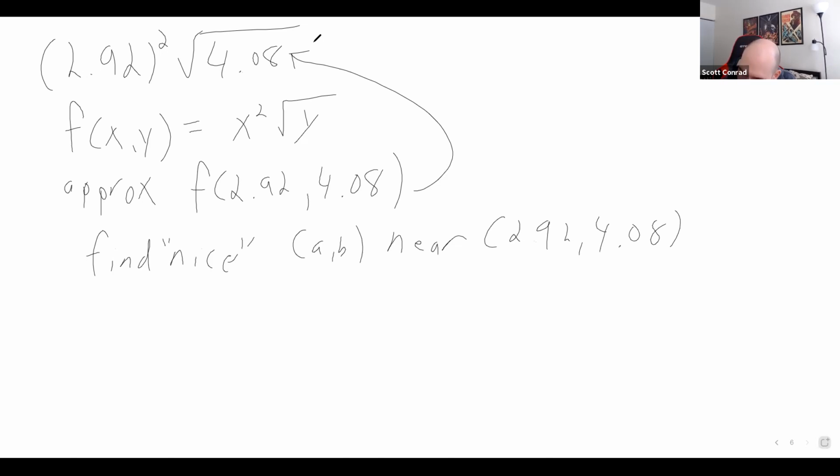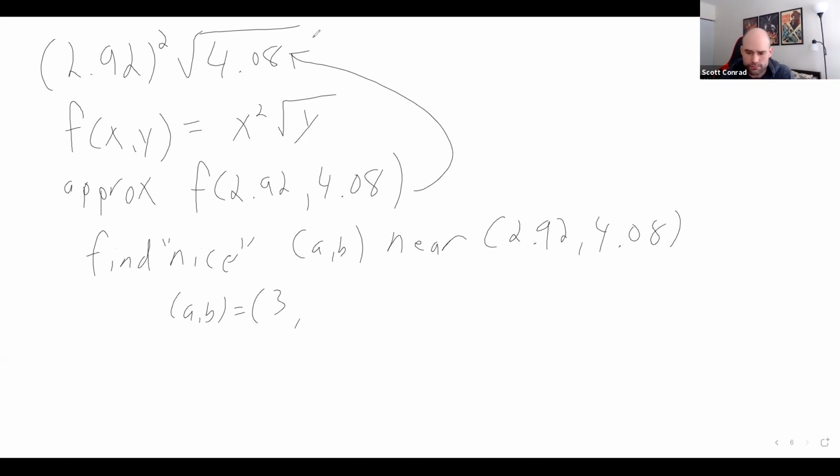Basically, look for the closest values for X and Y where you know exactly the value of the function. 2.92 is close to 3, and 4.08 is close to 4. 3 squared is easy.